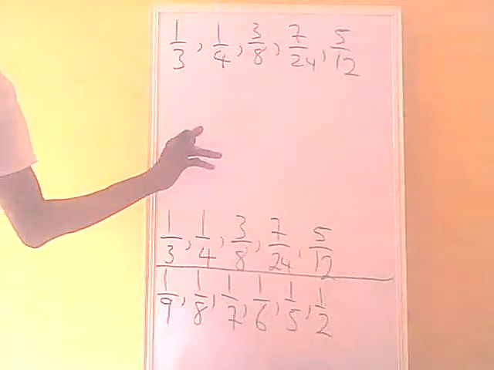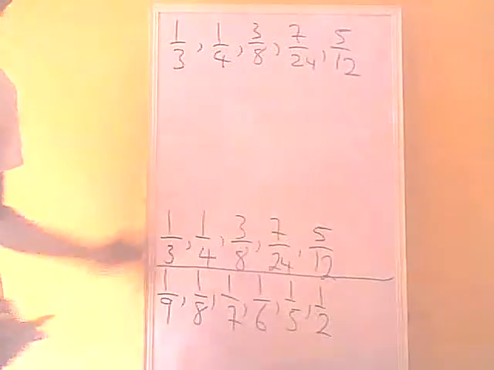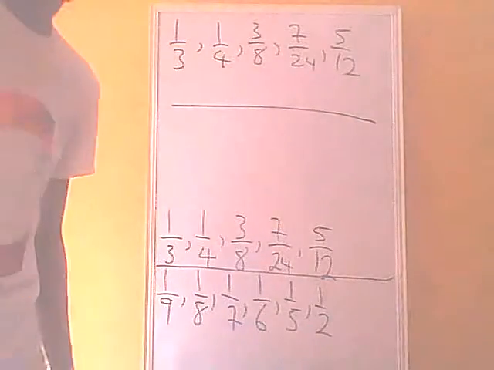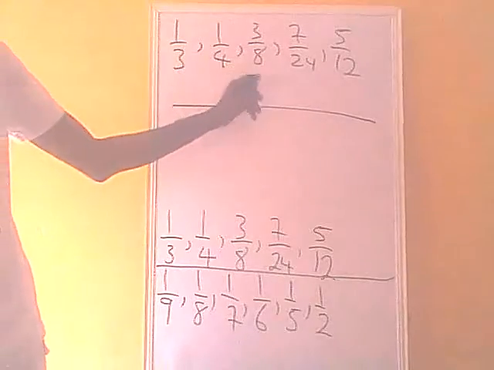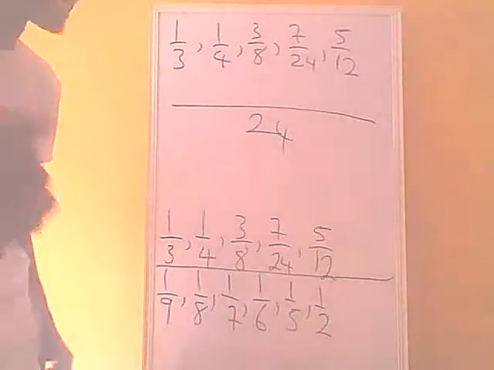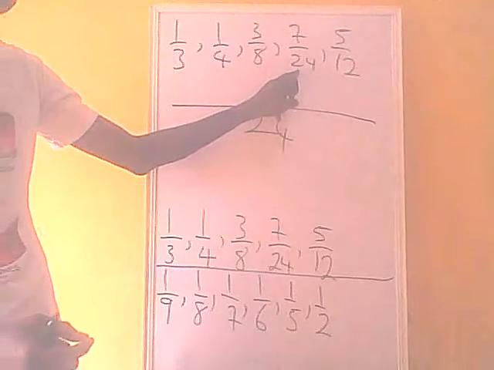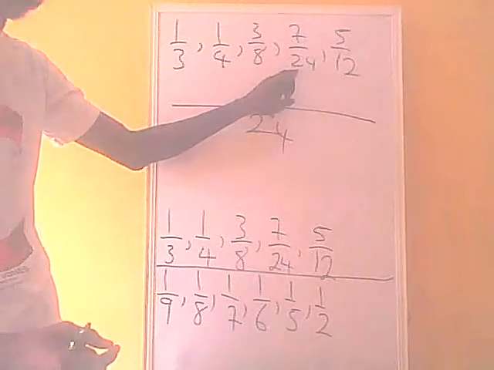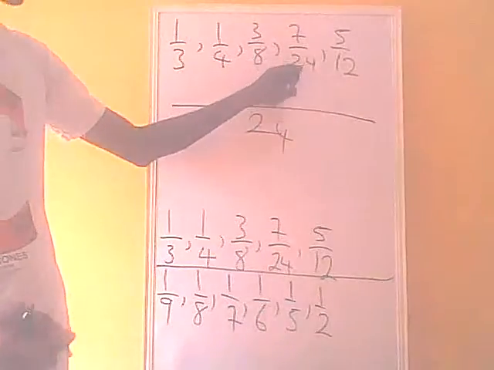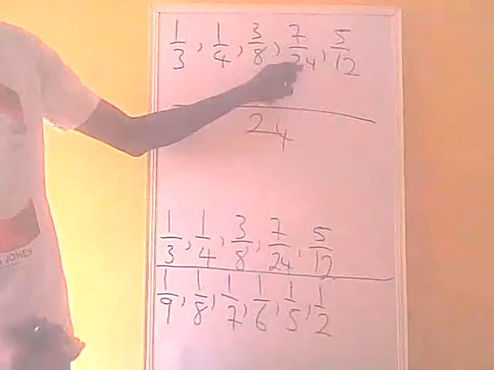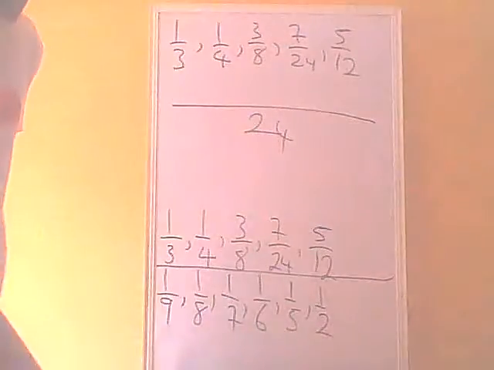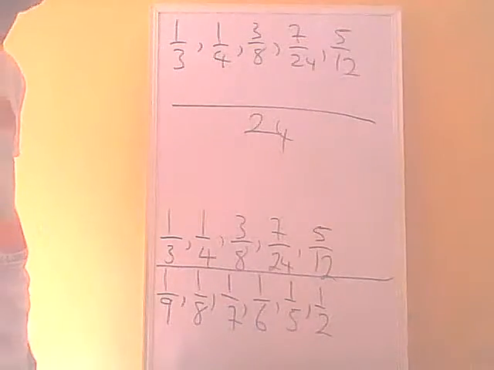To place them under a common denominator, we find the LCM of the denominators. The LCM of 3, 4, 8, 24, and 12 is 24. How? Look at the biggest denominator, which is 24. 12 can divide 24, 8 can divide 24, 4 can divide 24, and 3 can go in 24. That makes 24 the lowest common multiple.